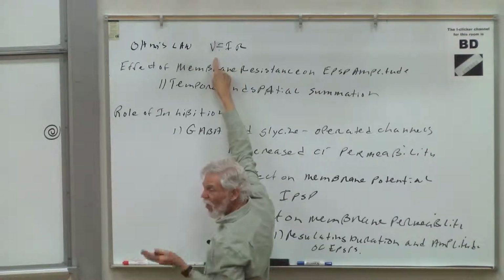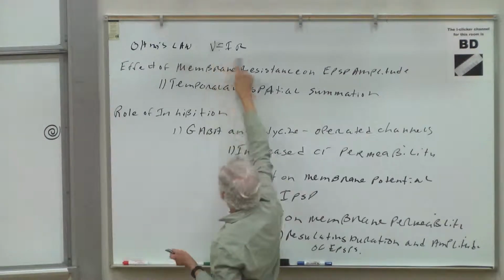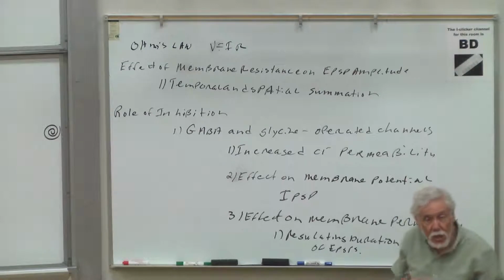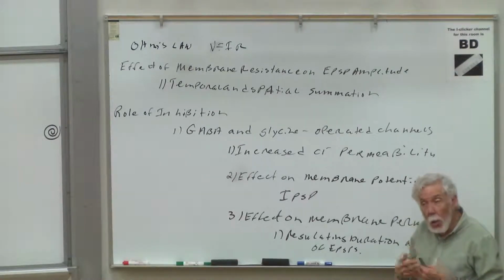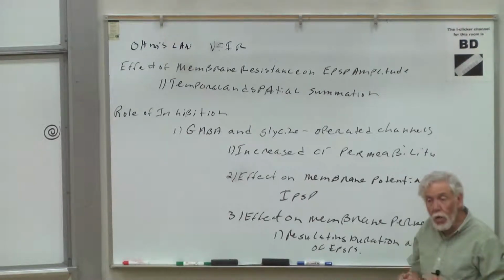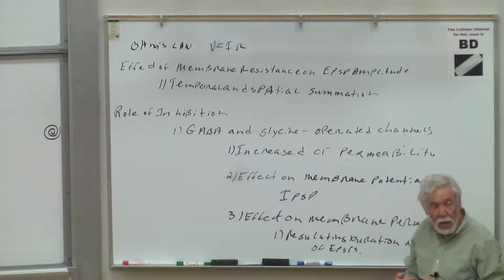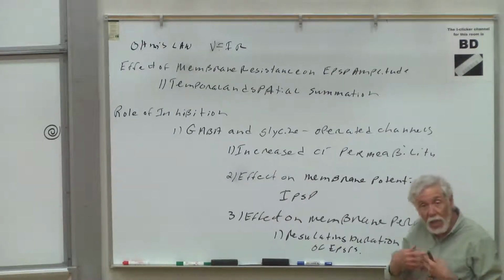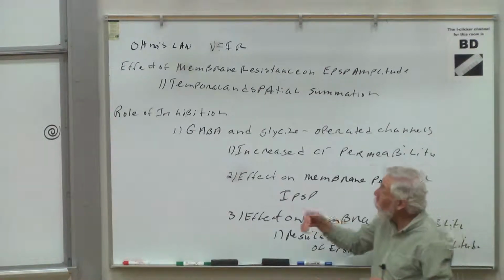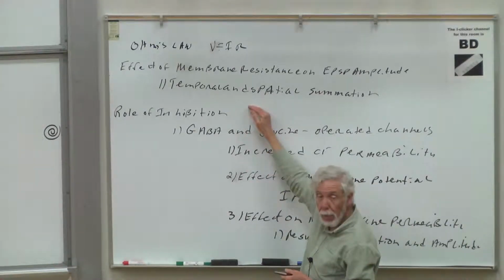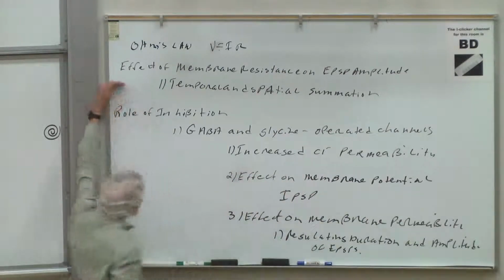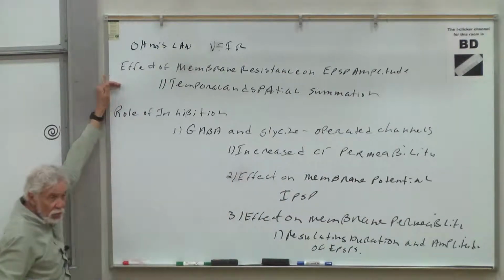So we can have more or less a fixed voltage. But now what's going to vary, for our purposes here, is the membrane resistance, the number of holes in the membrane. And the greater the number of holes in the membrane, the leakier the membrane, the more likely it is that that charge is going to leak out across the membrane before arriving at the trigger zone. So we'll just try to think our way through the idea of variations in the membrane resistance.